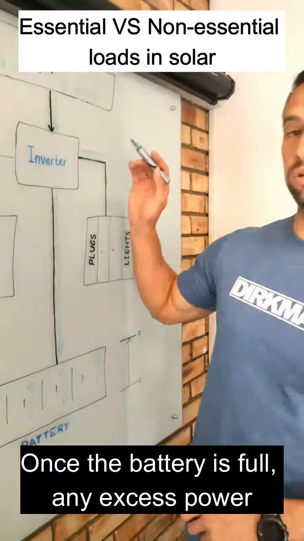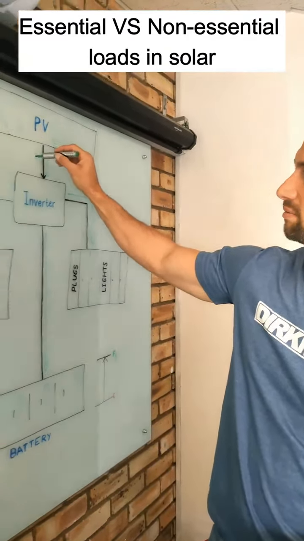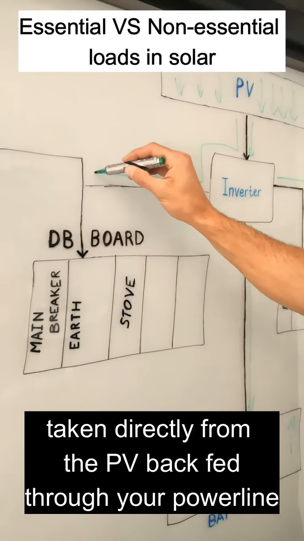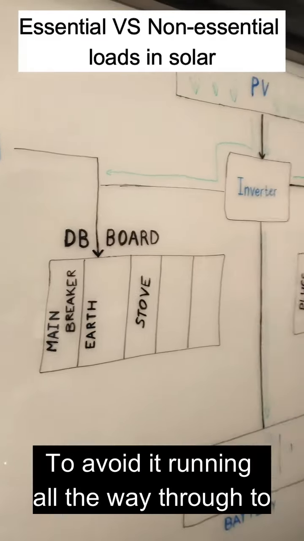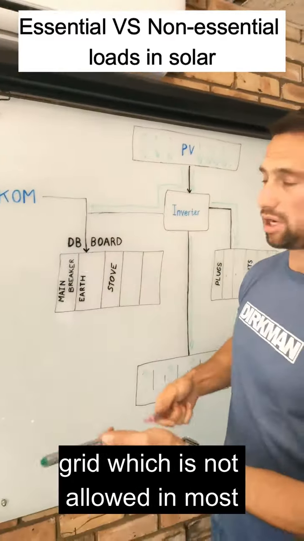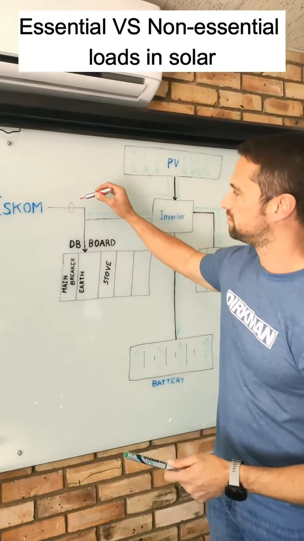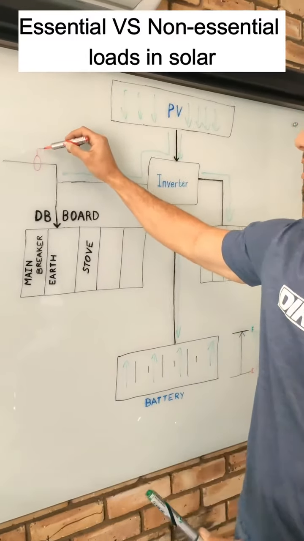Once the battery is full, any excess power still available after that will be taken directly from the PV, back fed through your power line to a point where, to avoid it running all the way through to grid, which is not allowed in most instances, we have a measuring device on the incoming line from grid.